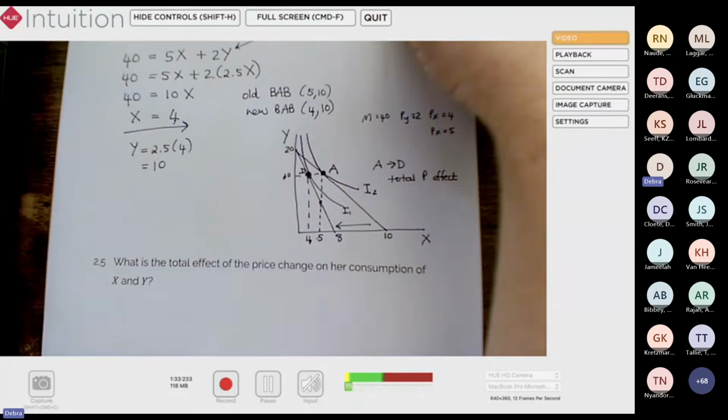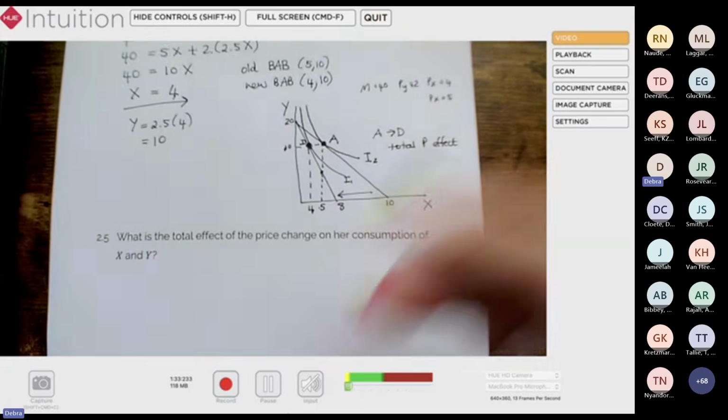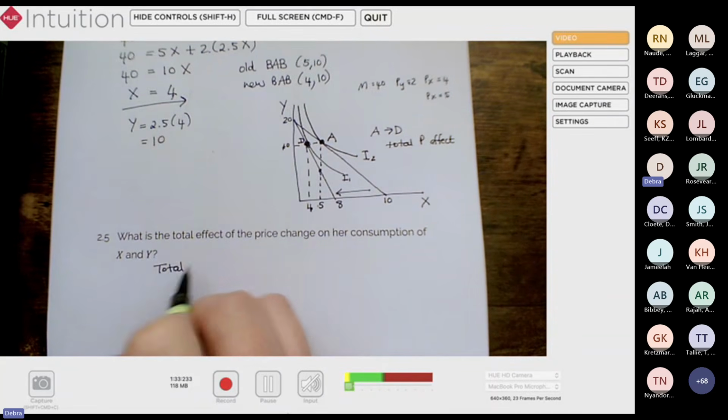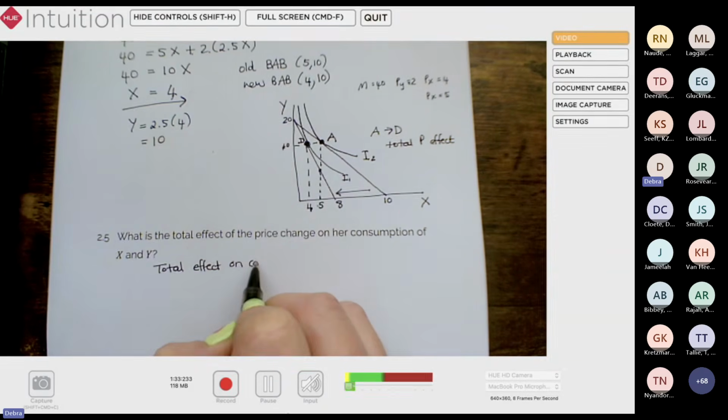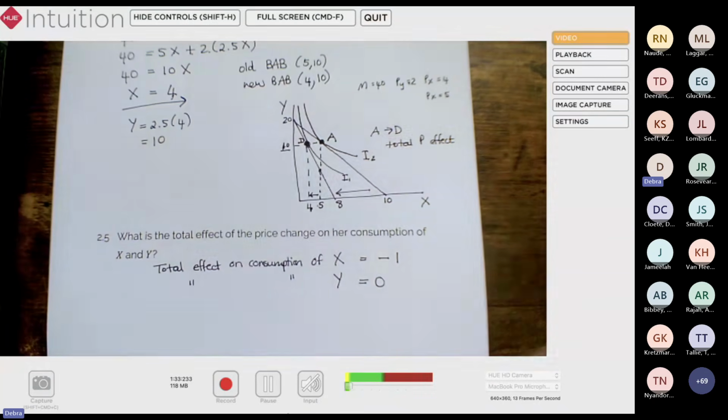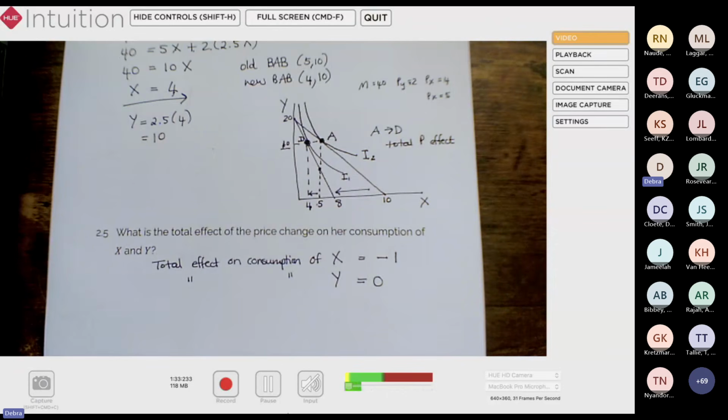So the total effect of the price change on my consumption of X is -1. I consume 1 less X. But the total effect on my consumption of Y is 0, because I still consume 10 units of Y before and after the price change.